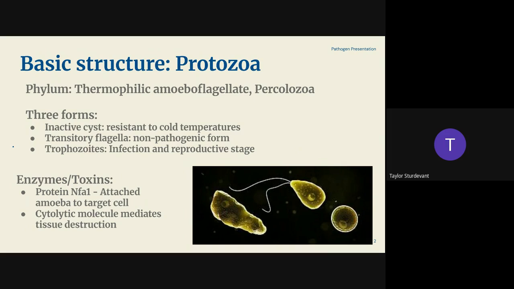This is what allows the trophozoite to attach to the target cell. Again, the target cell is going to be brain tissue, brain matter in a human host. It also has cytolytic molecules. There's a few of these that it secretes into its host, and this is what specifically mediates tissue destruction.